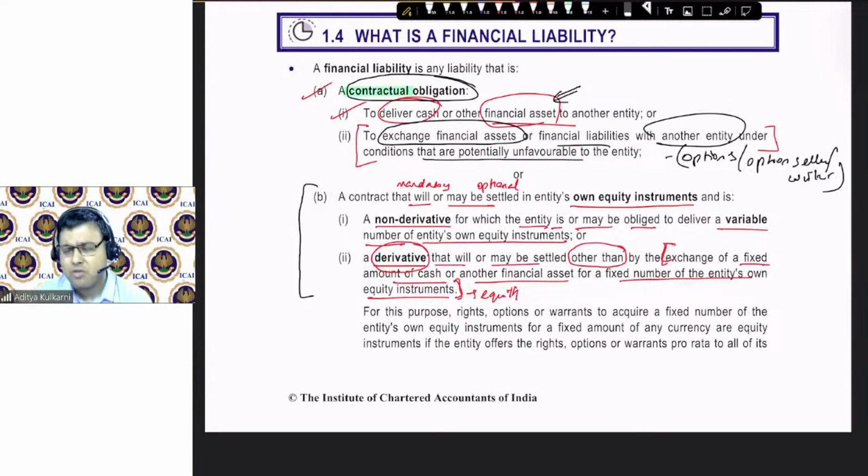Is it okay? Yes. Have you been able to understand the definition? Future settlement, price is fixed. Shriram, did you follow? Janvi, did you follow? Yes. Viraj, did you follow?